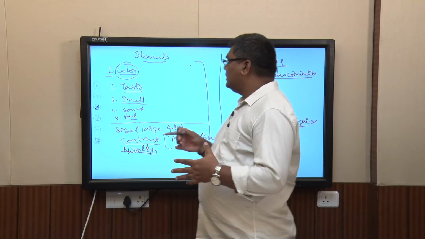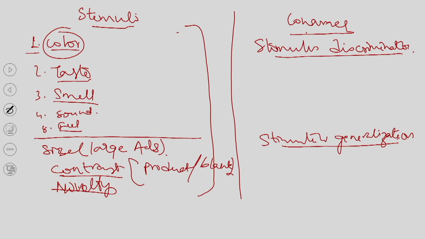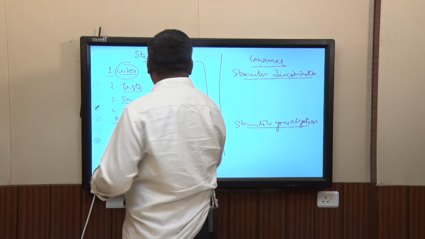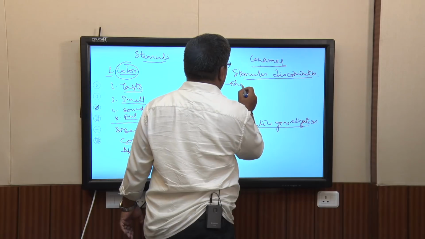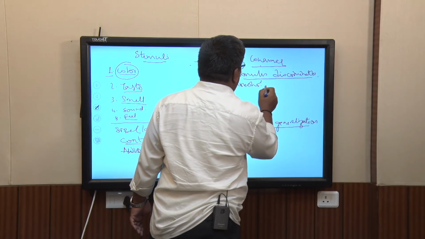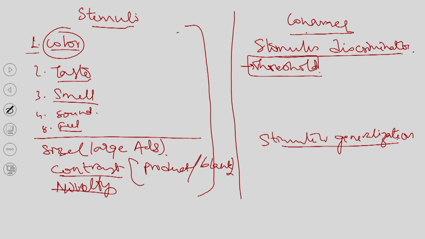Within stimulus discrimination, there are several factors that we need to understand, so I will quickly go through them. The first factor is called threshold, another concept from psychology. What is threshold?